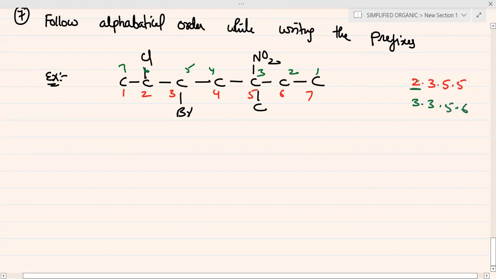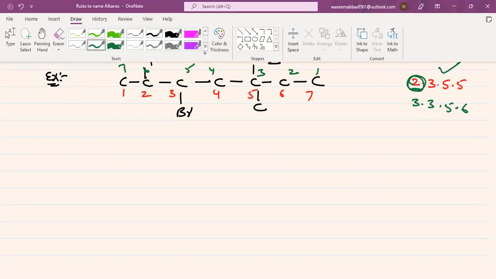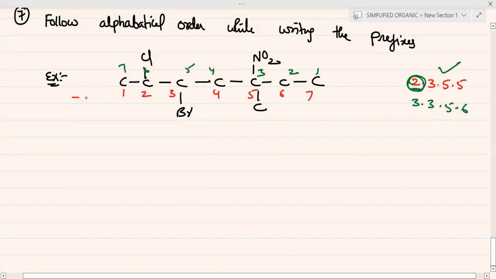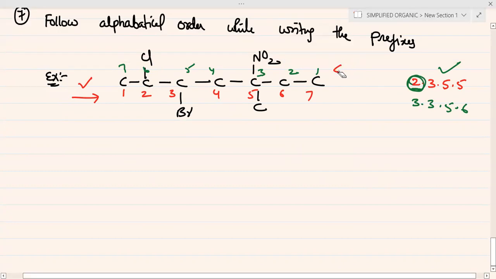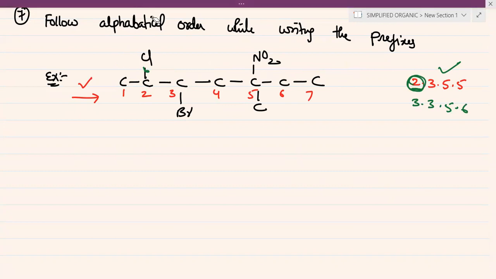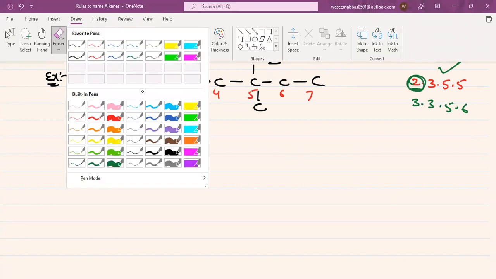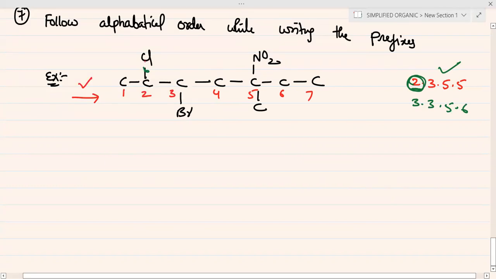So this is the lowest point of difference. So this, left to right, is the right way of numbering, and this is the wrong way of numbering. So anyway, if it is wrong, I'll just erase this. Okay, so not required.